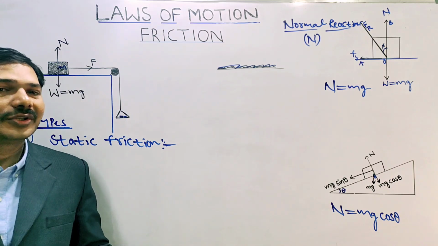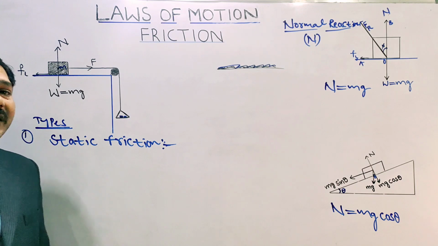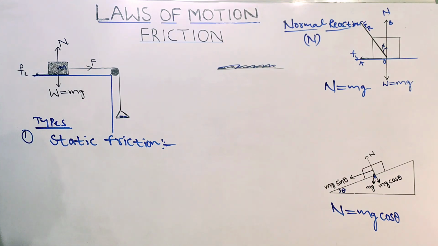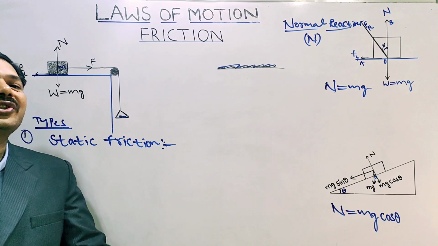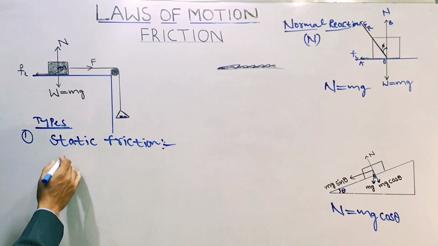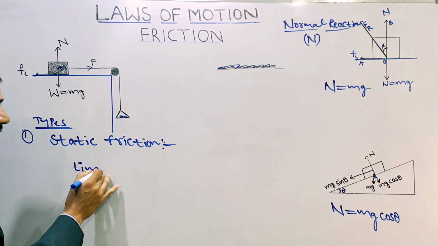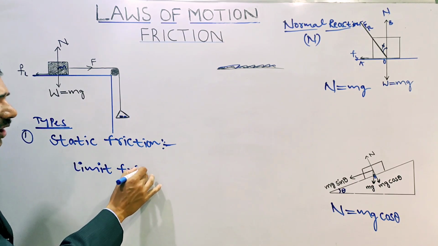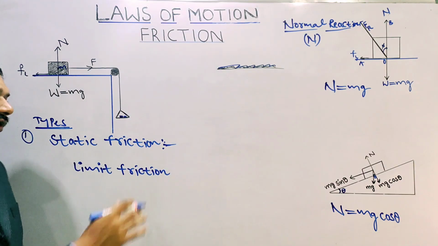That opposing force is called limiting friction. Limiting friction is nothing but static friction only, the body is not moving but tends to move. Limiting friction means the maximum static frictional force.